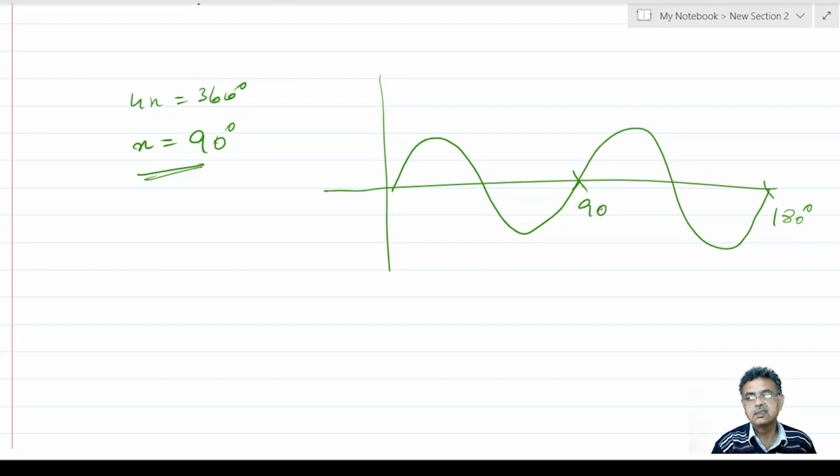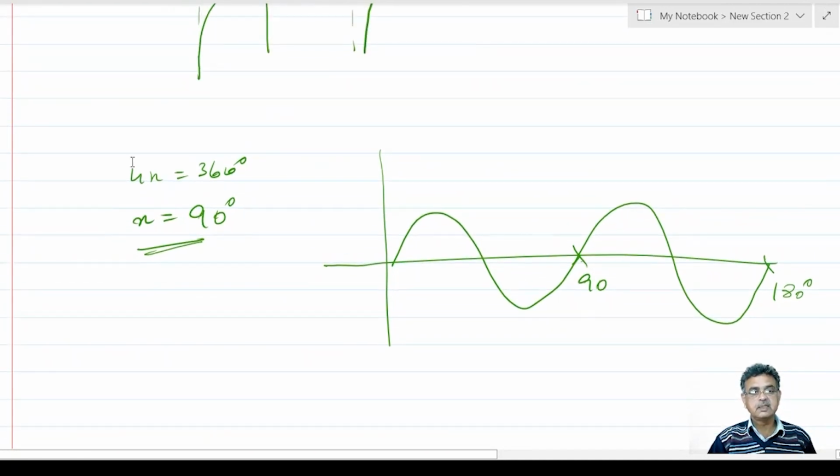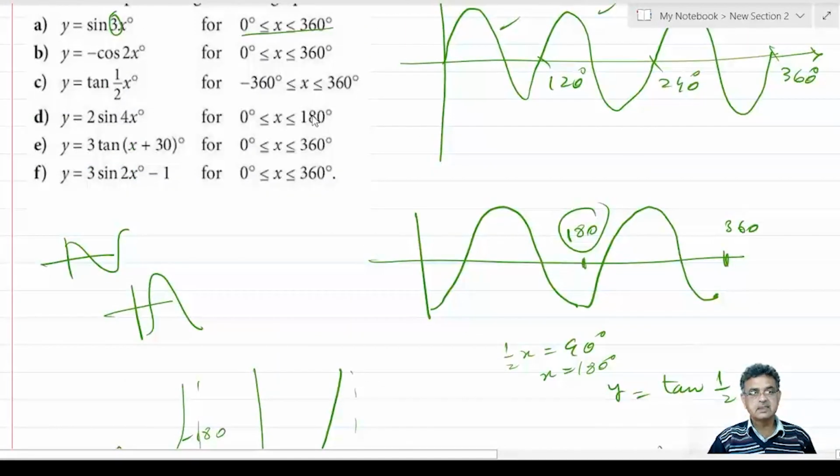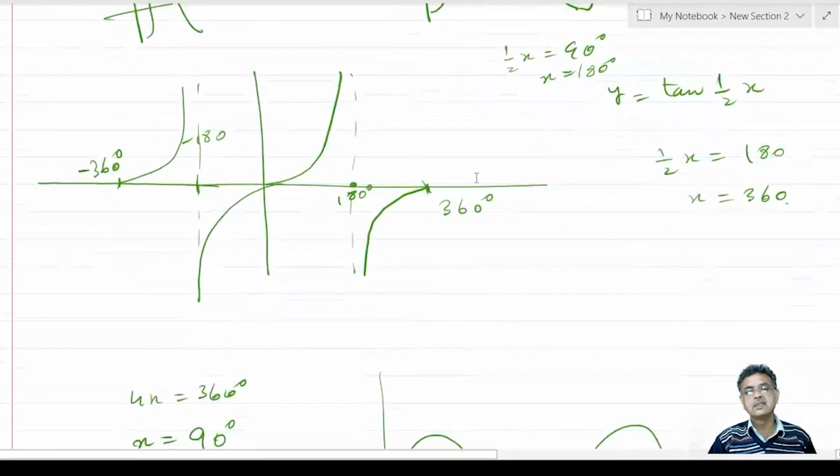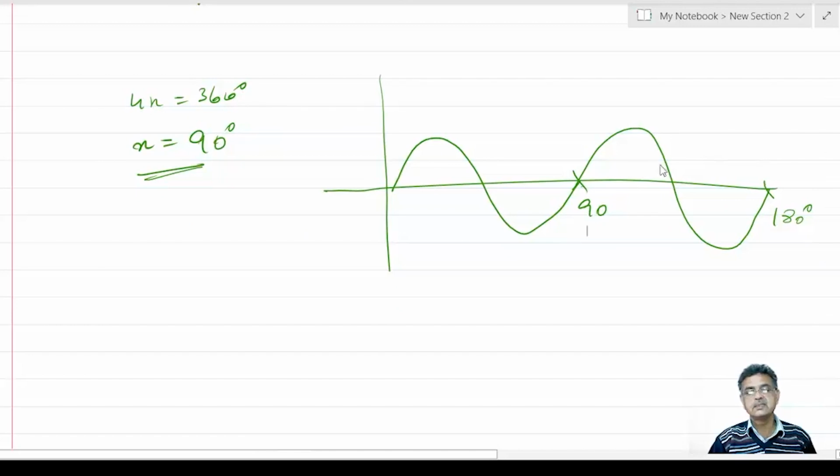So this is 90 degrees. So there will be 2 cycles within 180 degrees. This 4x tells that there are 4 cycles in 360 degrees. So when you decide about period, you have to place it equal to 360 first. Then its period is 90 degrees, but if it is restricted to 180 degrees, then there will be only 2 cycles within it.